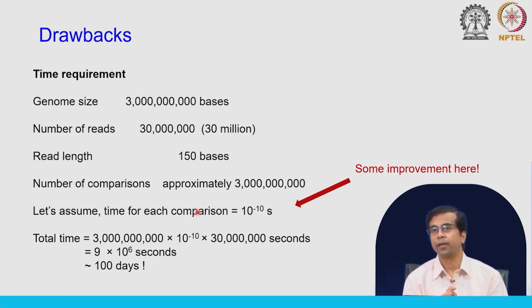So, we have improved there; we are doing that faster. What it would mean is that the total time required will actually be less, but still it is quite high. It is about 100 days. So, it is still not acceptable. It takes about 3-4 months, that is not acceptable for us.